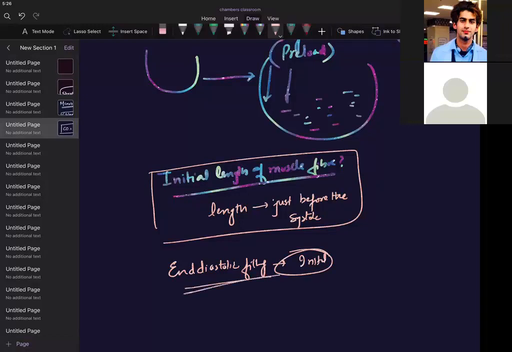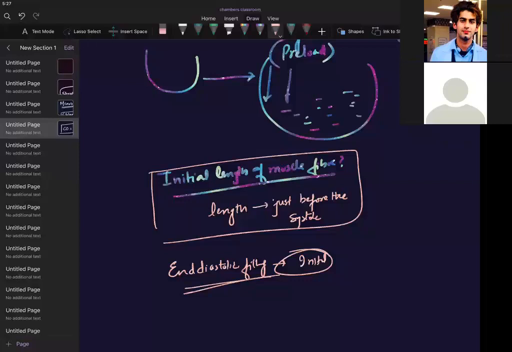See, everything is related. Whatever we have learned, we are connecting it in many ways. It's all about the concept. I hope you are understanding. There is no difficulty in understanding this. So if I increase the ventricular filling, that means I will be increasing the fiber length. That means I will be increasing the force of contraction. That is what heterometric autoregulation says. So stroke volume will vary according to that ventricular muscle length.